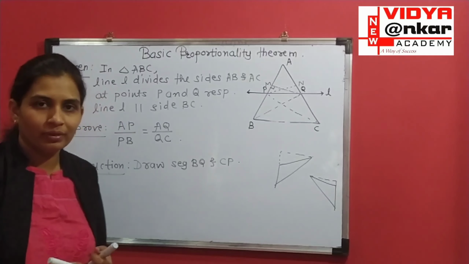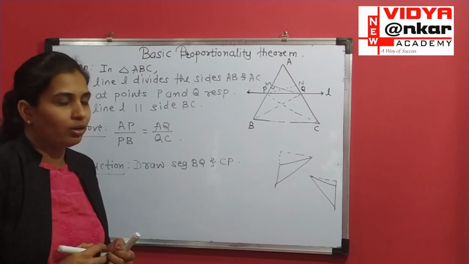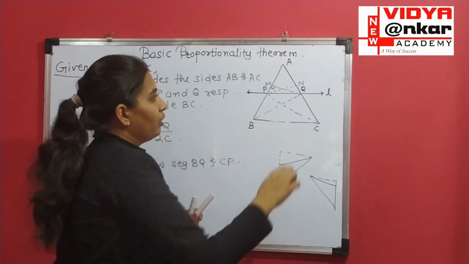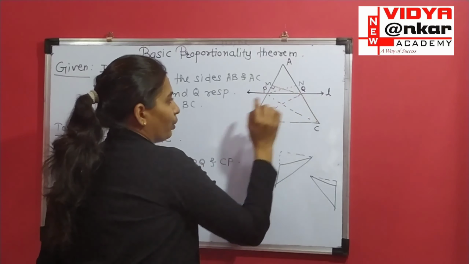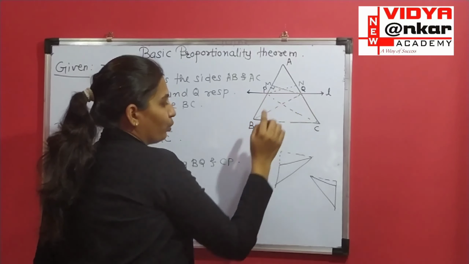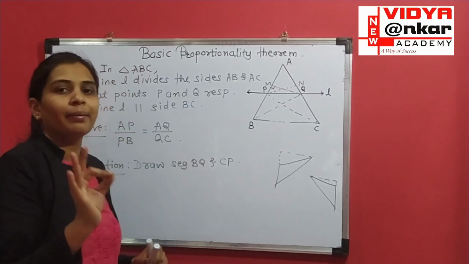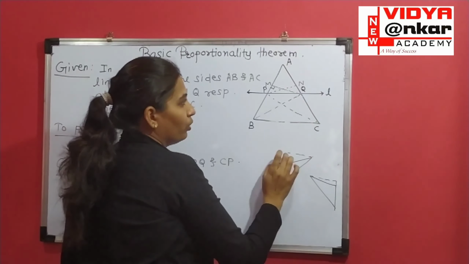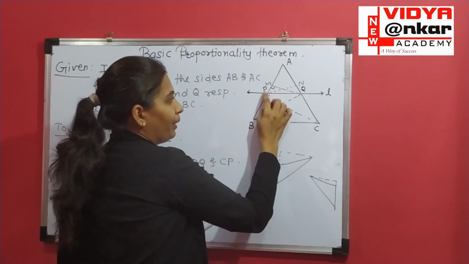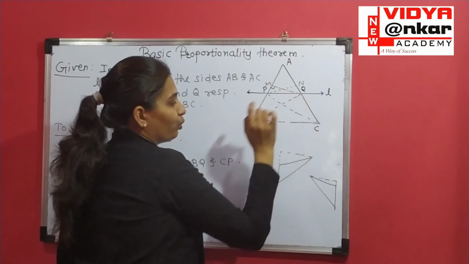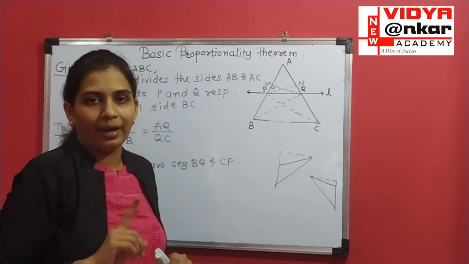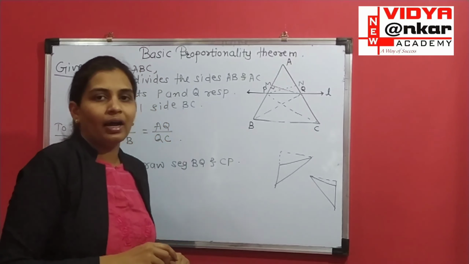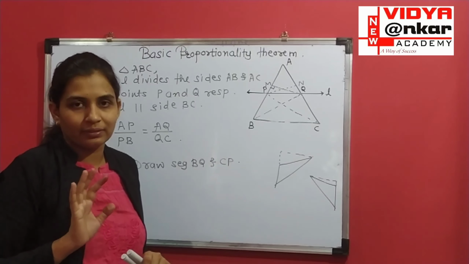Is that clear? Why have I drawn PN and QM here? Because triangle APQ and triangle BPQ will have the same heights. Same thing about CPQ, triangle APQ and CPQ will again have the same heights. It means all these three triangles have the same heights.